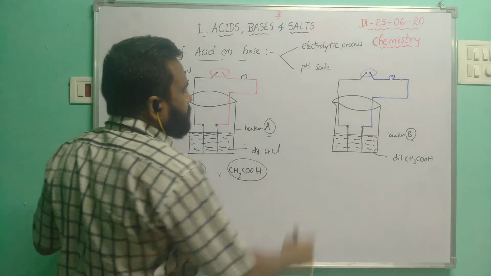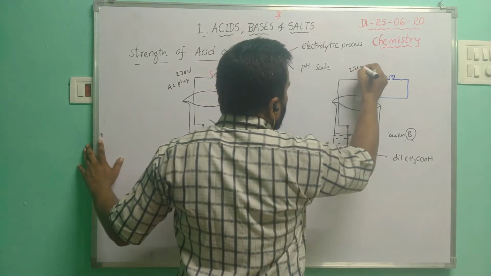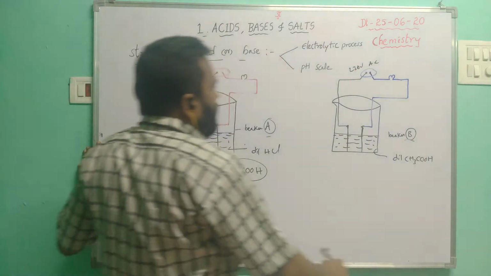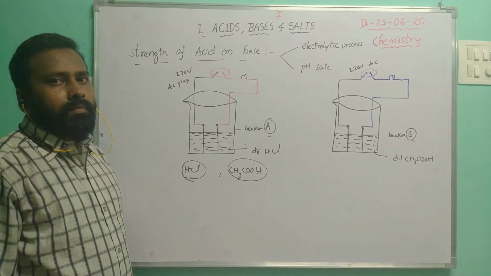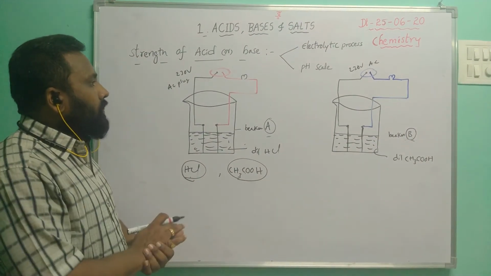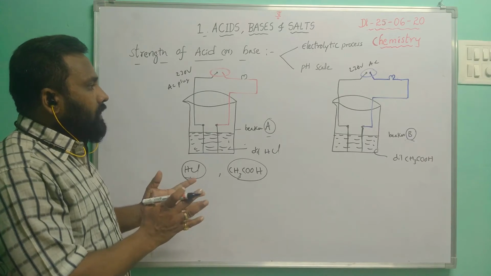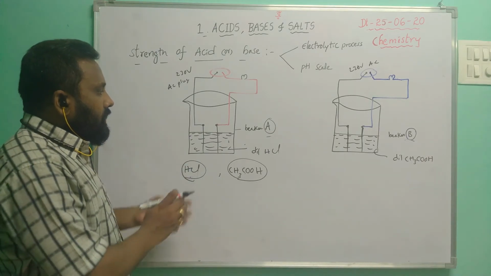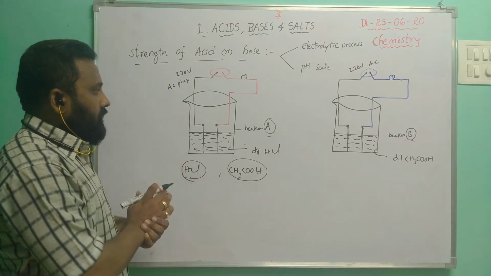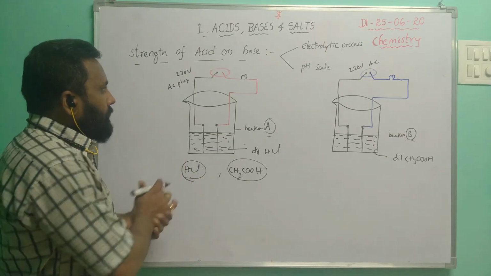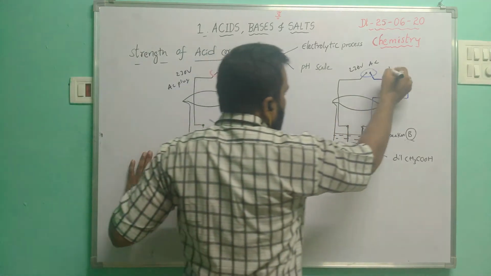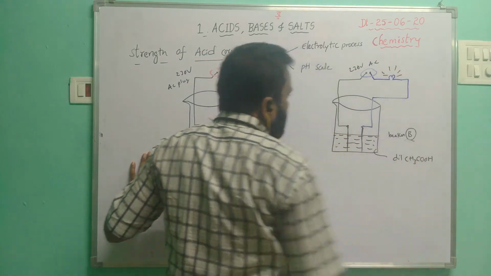When we switch it on, what will happen? The circuit is closed, which means electricity passes through it. So what will happen here? The bulb glows in both cases.